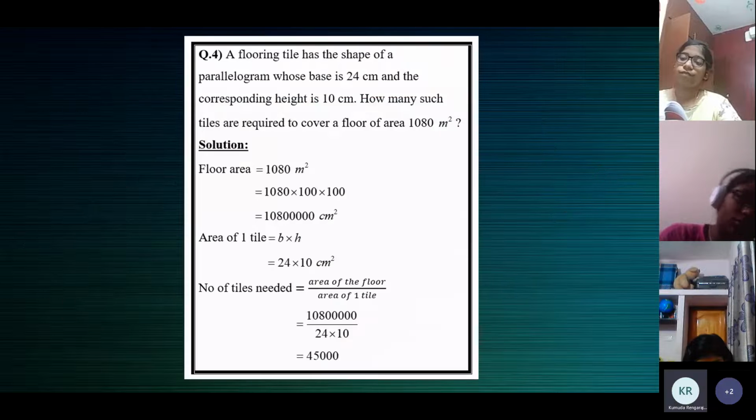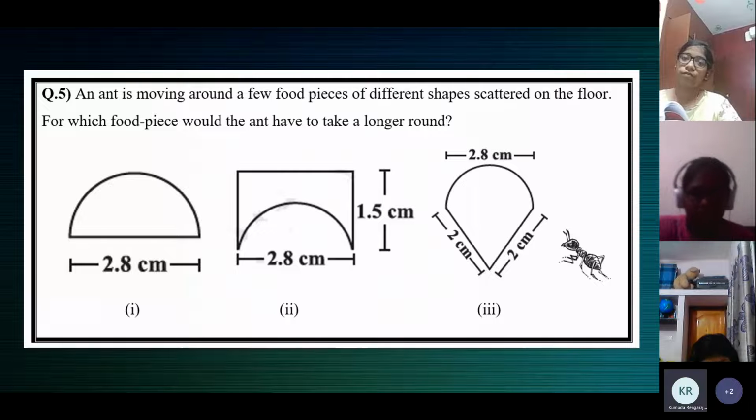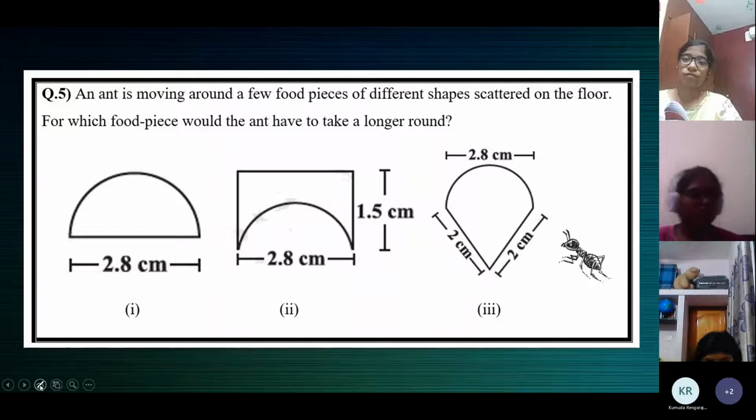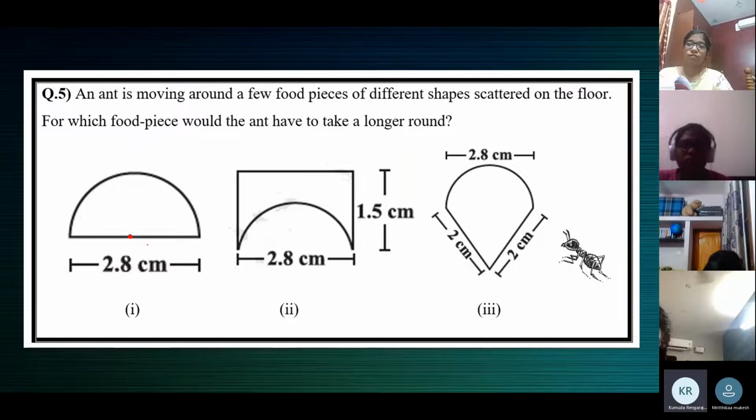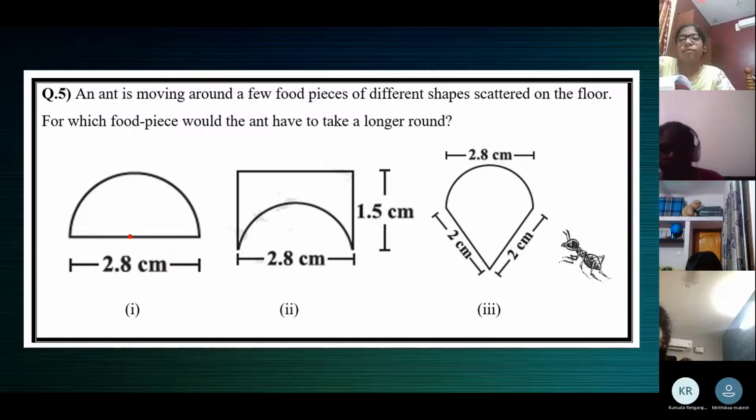Now we'll understand this and then you can write down the answer. So please answer this. What is the radius of the semicircular region? 1.4 centimeters. Because the diameter is 2.8 centimeters, the radius will be half of the diameter, 2.8 by 2, which is 1.4.